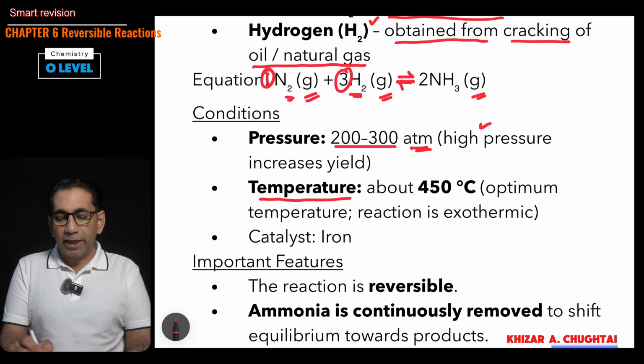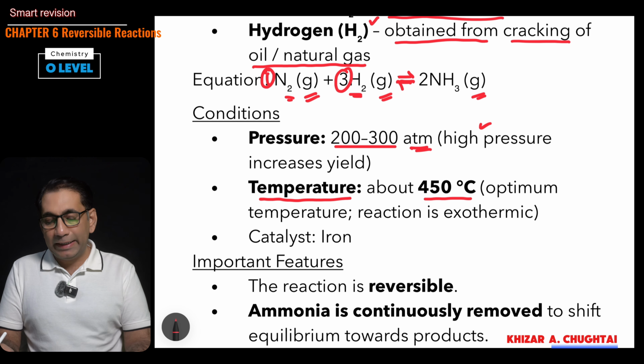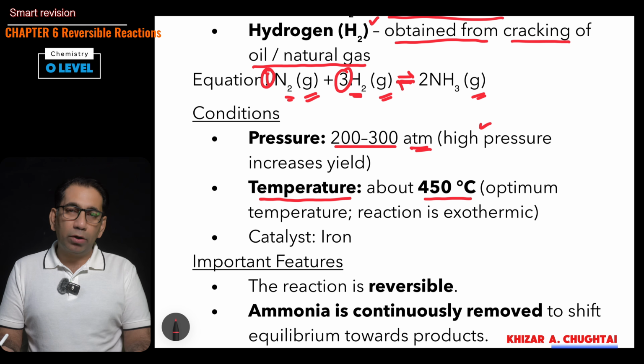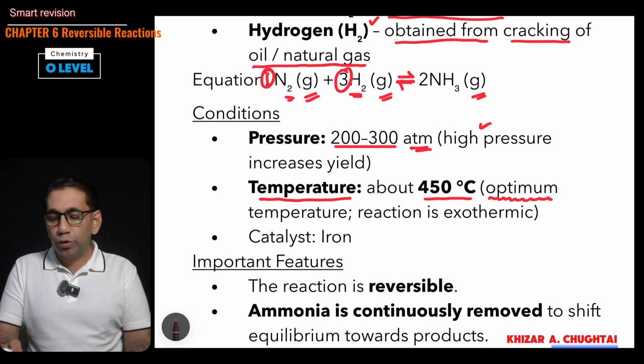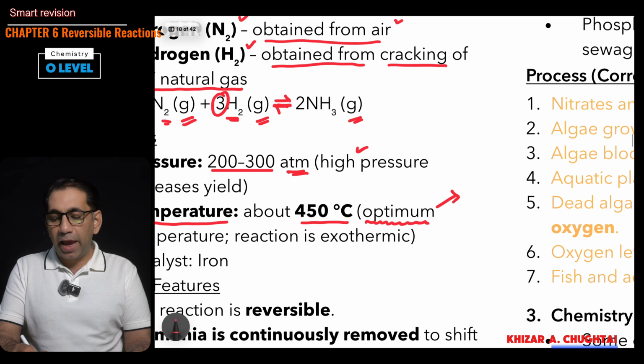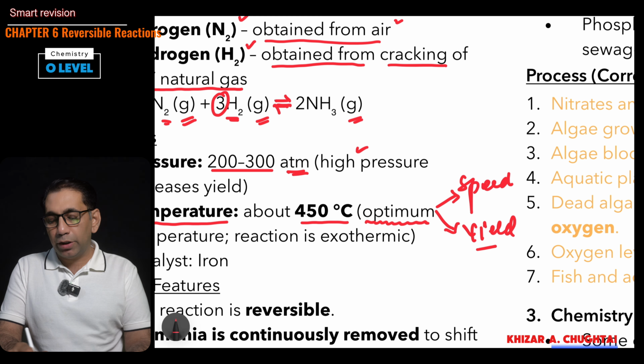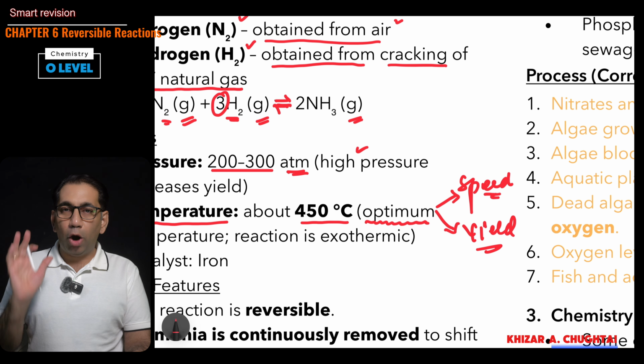Temperature: we are going to use 450 degrees Celsius. That is not a very high temperature. That is the optimum temperature at which both yield and speed are optimum.